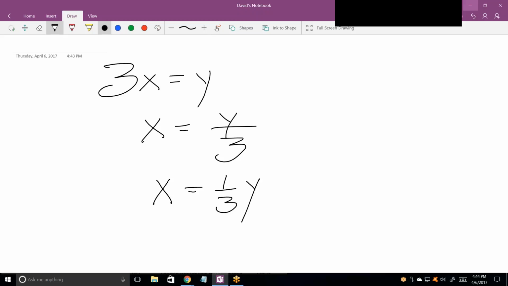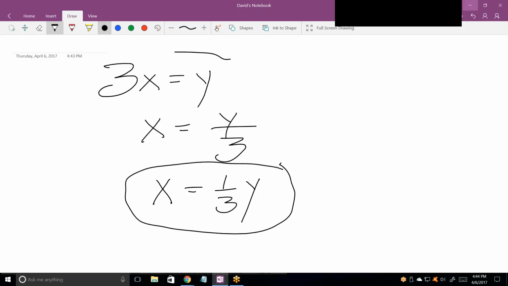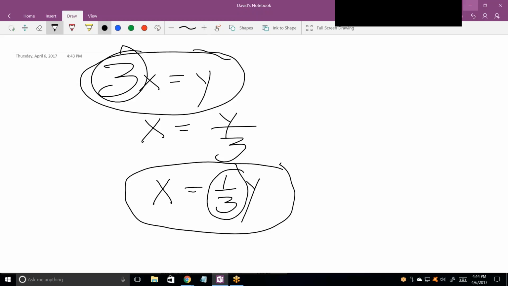And it's technically correct to say x is directly related to y, in the same way that you said y was directly related to x, but with a little different k. We've got a k of 1/3, whereas our k was 3.